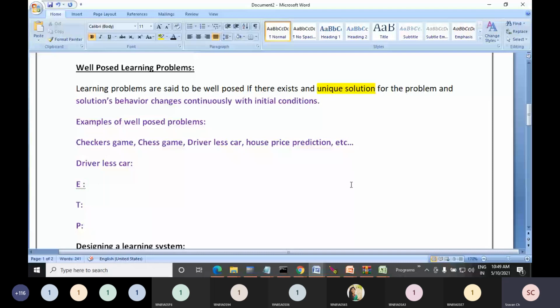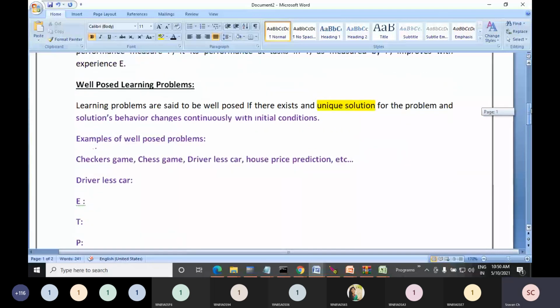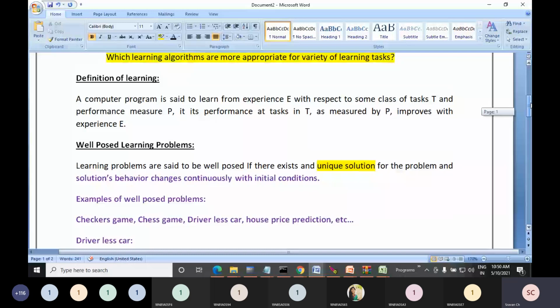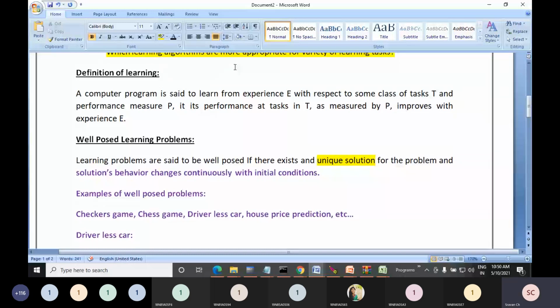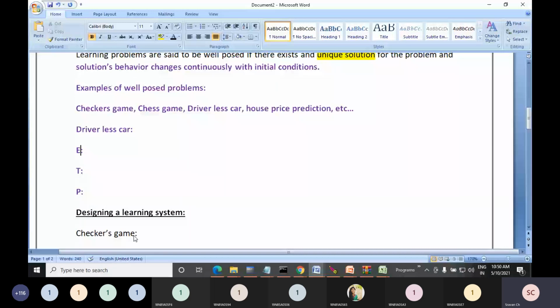Training, experience and performance are the three important words as per the definition. See here: a computer program is said to learn from experience E with respect to some class of tasks T and performance measure P. In this particular example, every one of you might have heard of the driverless car.